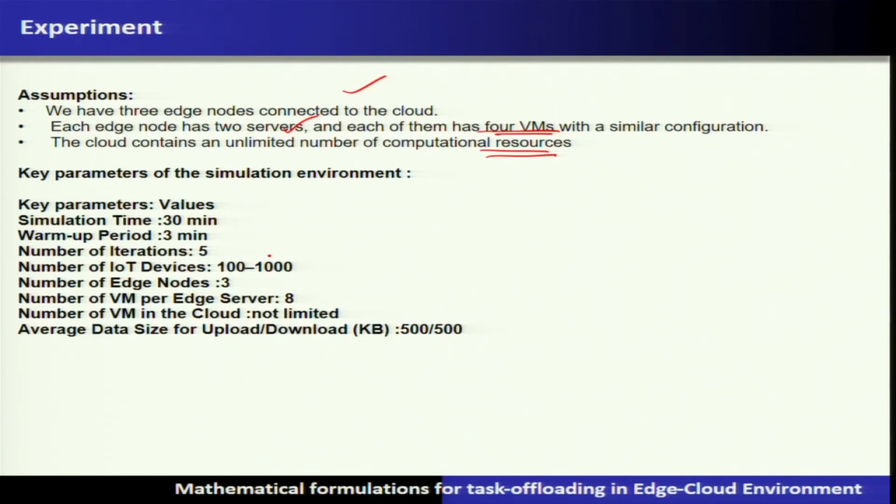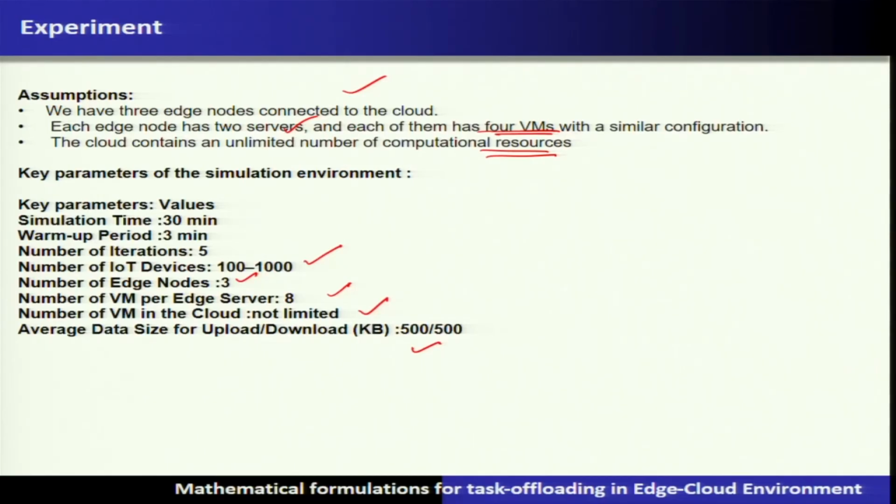These are some of the important things. Let us say that this experiment has considered 100 to 1000 IoT devices, the number of edge nodes is 3, the virtual machines at the edge are 8, the virtual machines at the cloud are not limited, and the average data size for offloading and downloading is 500.